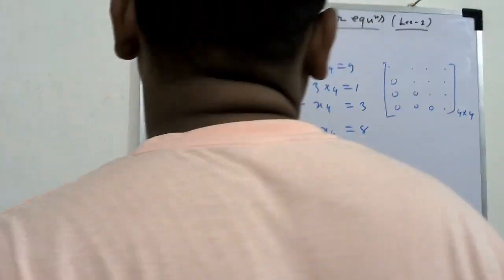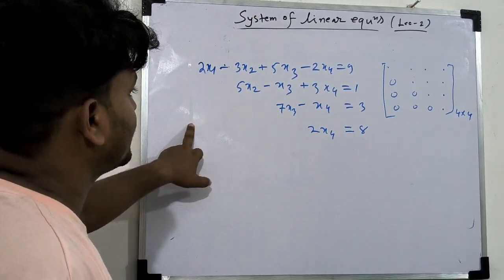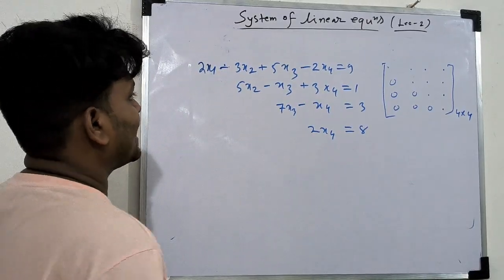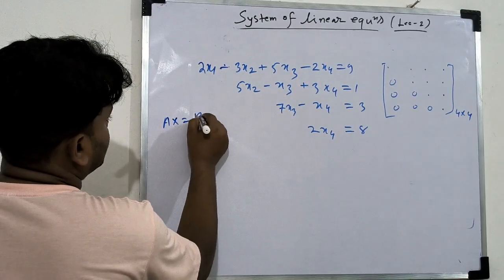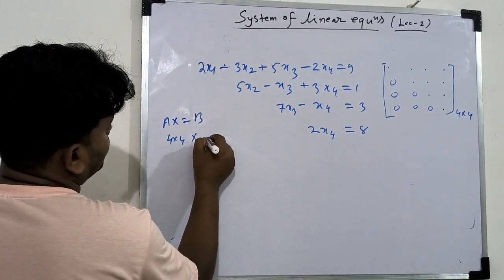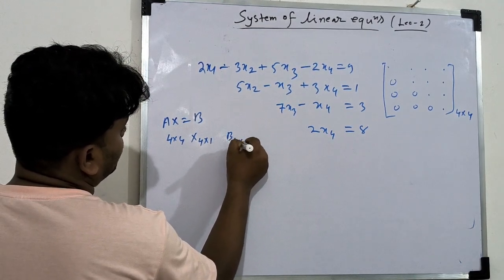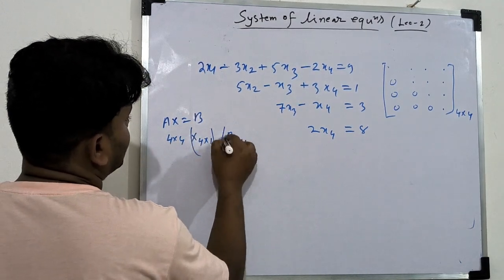So now we discuss a special case for a system of linear equations with 4 equations and 4 unknowns. That is Ax equal to b, where A is a 4 cross 4 matrix, x is a 4 cross 1 matrix, and b is also a 4 cross 1 column matrix.